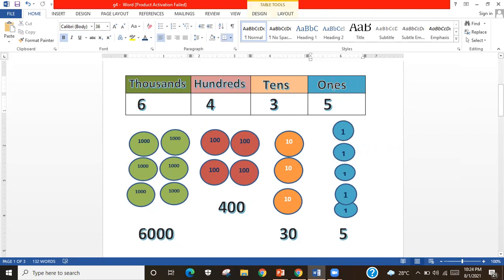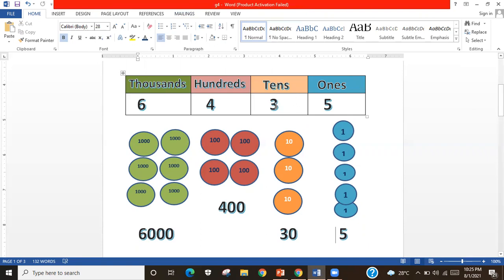Each blue circle shows one itself, so you count each circle: 1, 2, 3, 4, 5. The first digit shows you have 5 times ones, that is 5.